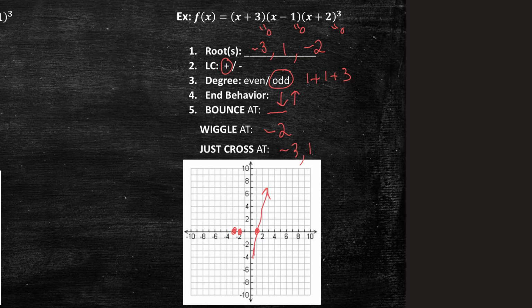So we're going to come up to the negative 2, kind of on the side of it, and then we're going to wiggle our way through it. Okay, and then at negative 3, it's going to just cross. So we're going to come up, and then we're going to just go straight down through negative 3. And that would be a sketch.